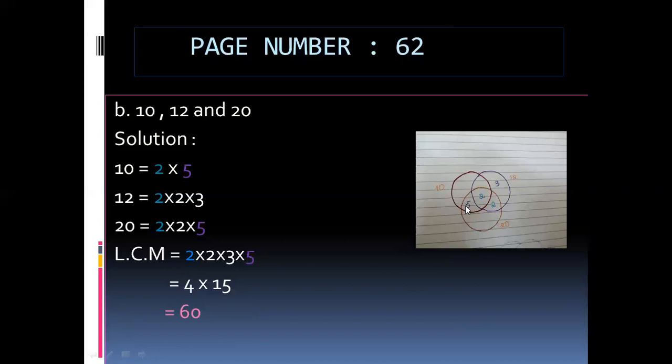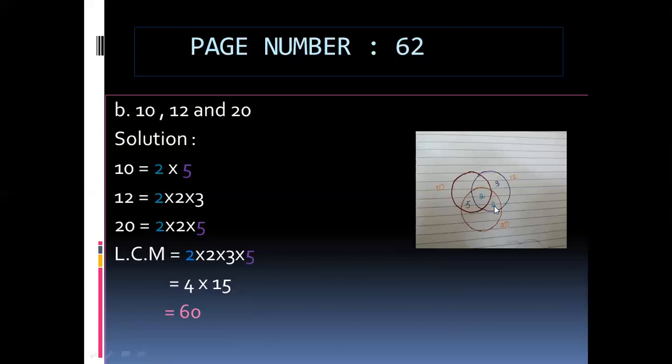It means that in the LCM we write 5 only once. Same with 2. 2 is common in 12 and 20. So when we are finding the LCM, we write 2 only once. You cannot write 2 two times, because in 12 and 20, 2 is common.